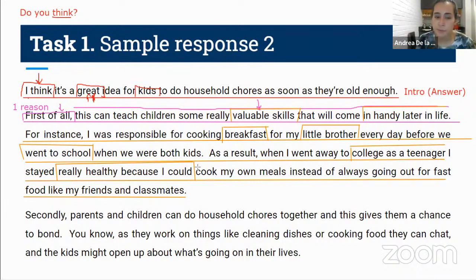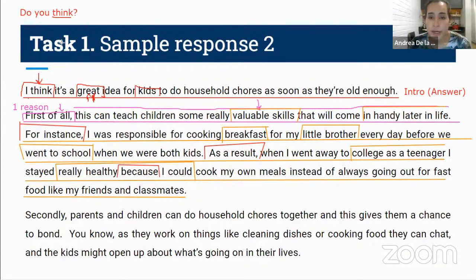He's saying practically the same thing, but using details. And if you guys noticed, he has really good transitions too, right? He's saying, for instance, which means for example, as a result. He's not saying, so when I went away, he's saying, as a result. He could even maybe change this because for something else, but it's fine.